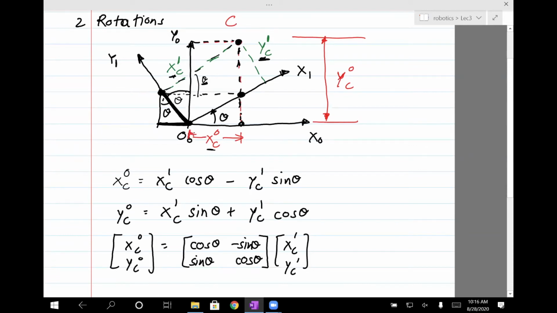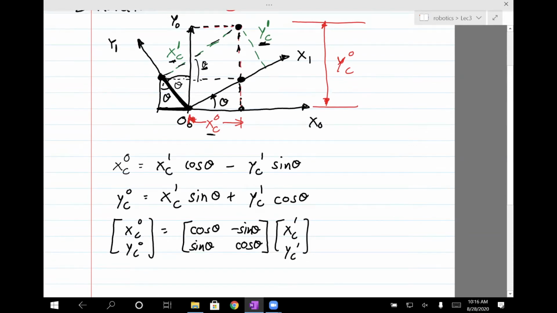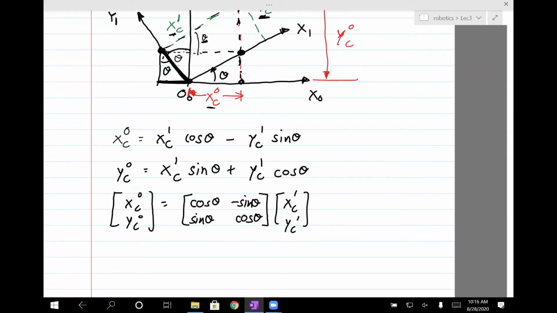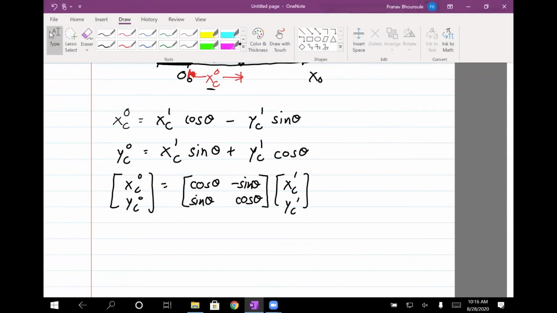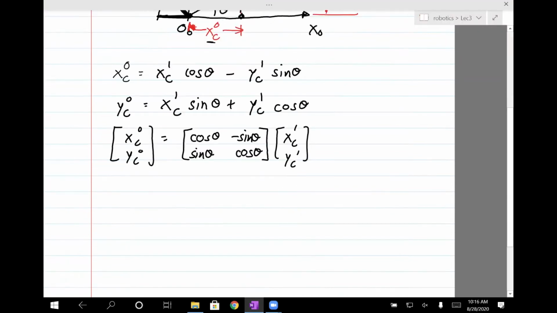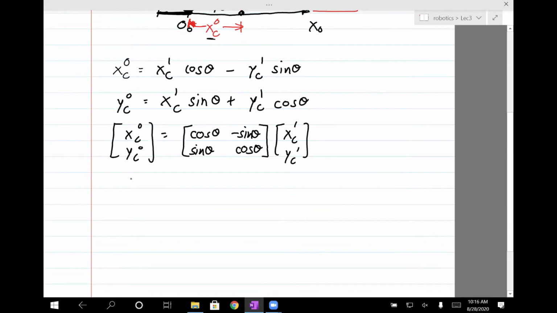This is xc0. So what I can do is denote this xc yc as c0 equals, and I'll have a special name for this matrix.